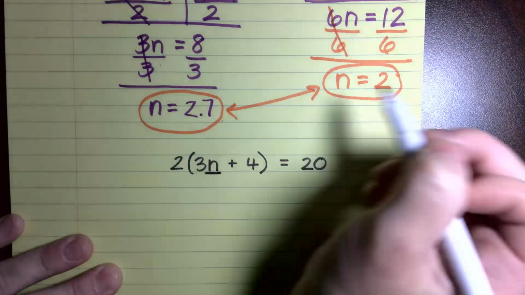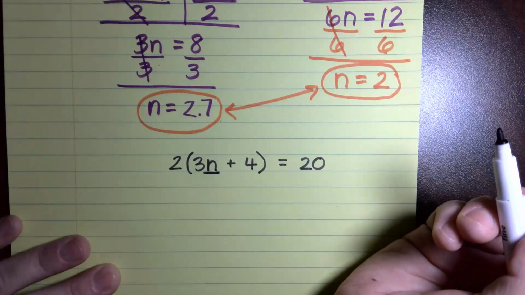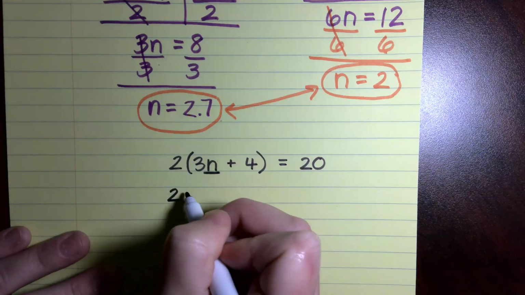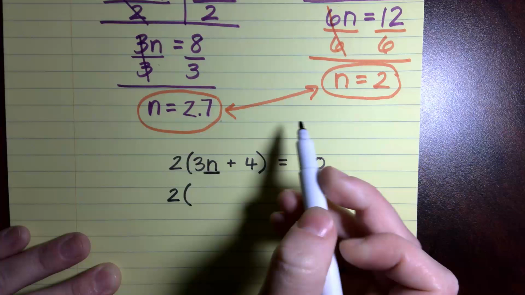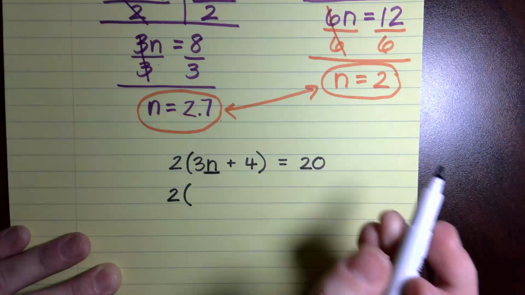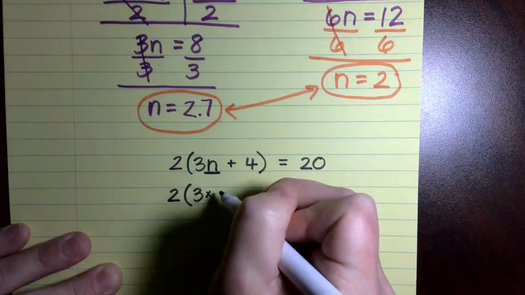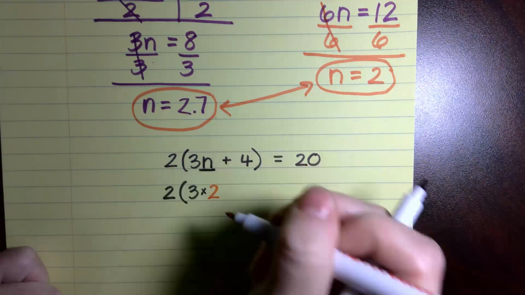So which one should we try first? 2. Yeah, let's try 2. That's a nice even number. Okay, so all I'm going to do here is do 2 times 3 times n. We said n is going to be 2, so I'm really just doing 3 times 2. I'll do that in red so you can see what we put in.